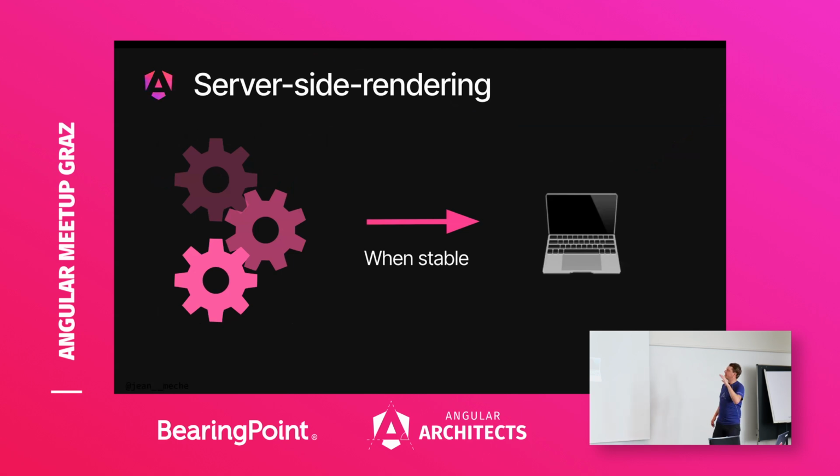Basically, server-side rendering waits for your application to go stable the first time, and once it goes stable, it says, okay, I'm able to ship the HTML to the client. So the first time it goes stable, it will send the HTML to the client. And this is why it's important that we know what is happening in the application. Is it stable or not?